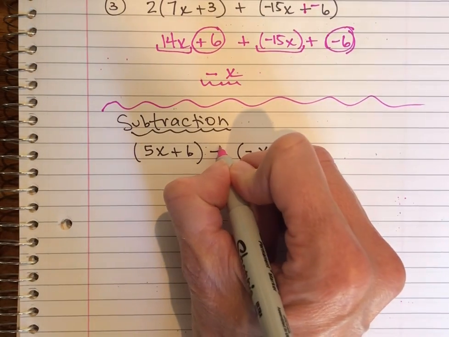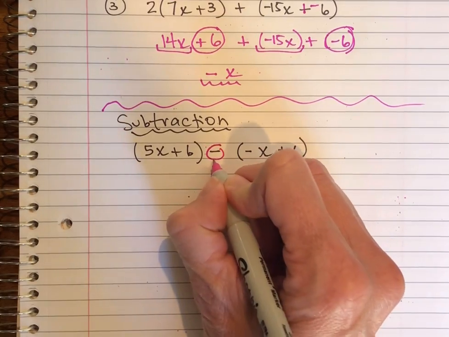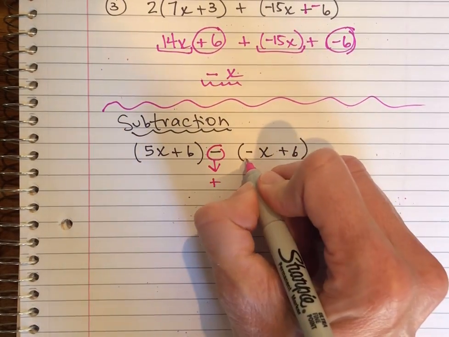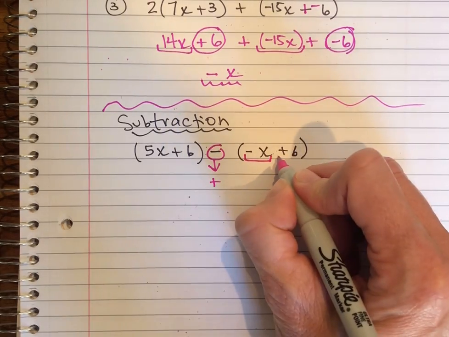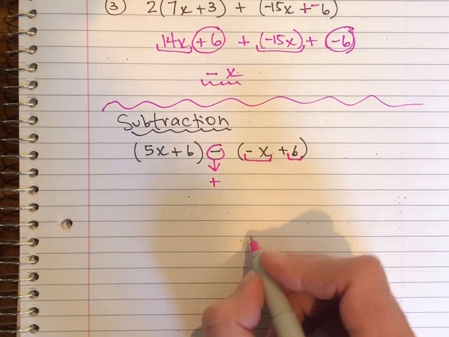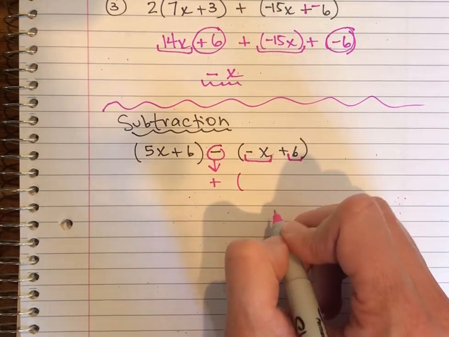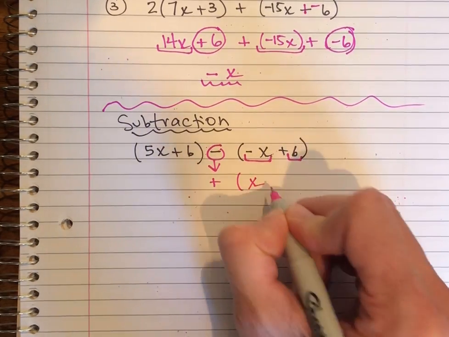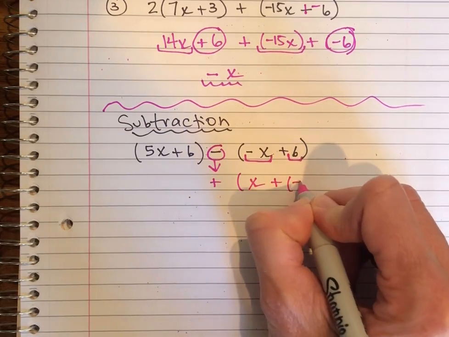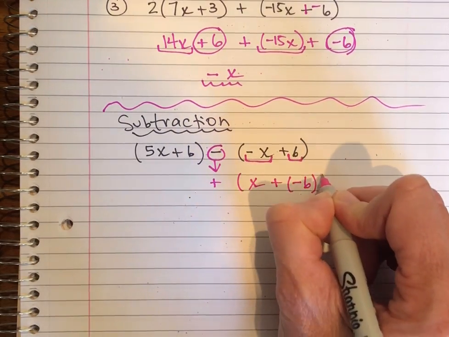So this subtraction changes to addition. And I need to take the opposite of both terms inside parentheses. So the opposite of -x is x. The opposite of 6 is -6.